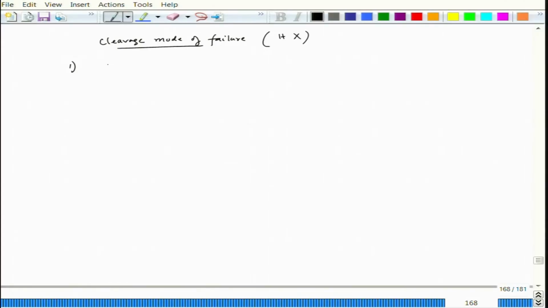Here also there could be a possibility of decohesion. We call it adsorption induced decohesion.